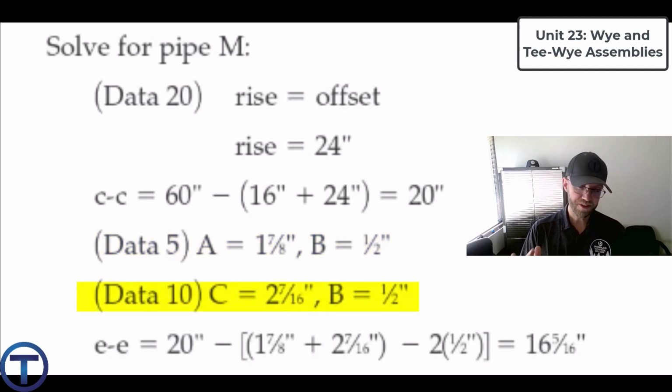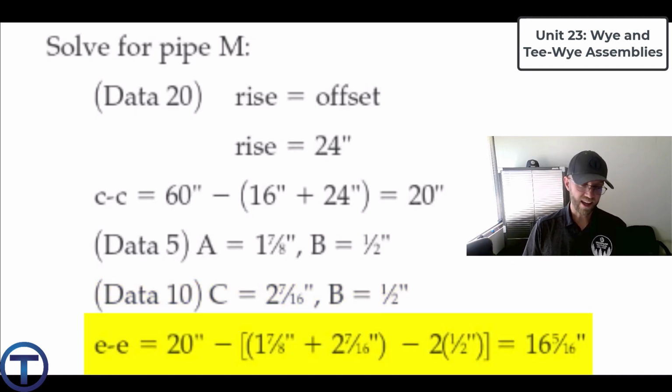From data table 10, on the sanitary T at the top, we're going to take off 2 7/16 and take into account the 1/2 inch thread in. So we get end-to-end equals 20 inches minus, in brackets, 1 7/8 plus 2 7/16 minus 2 times 1/2. And once we've sorted all that out, we're going to get 16 5/16.